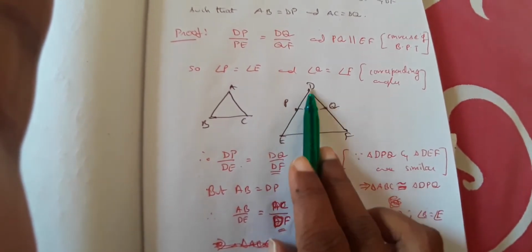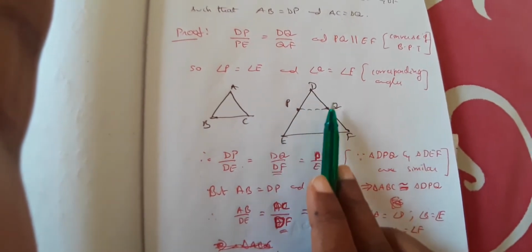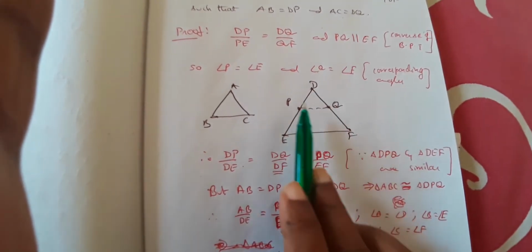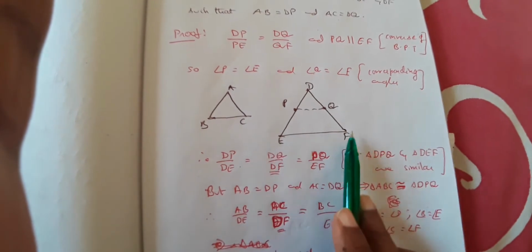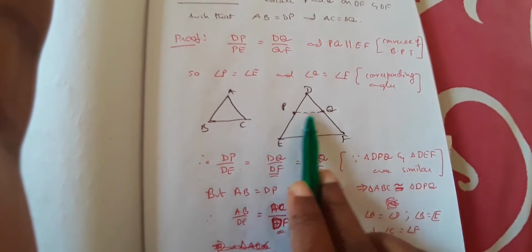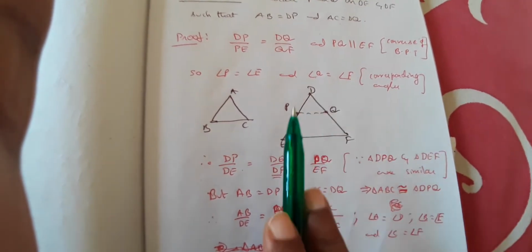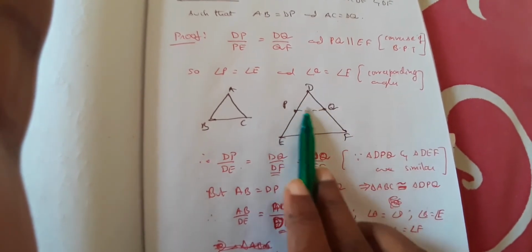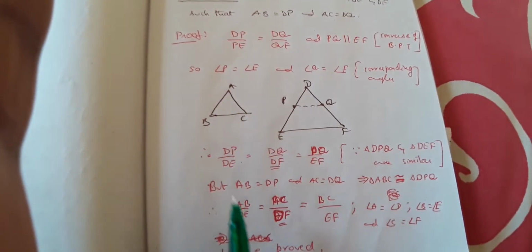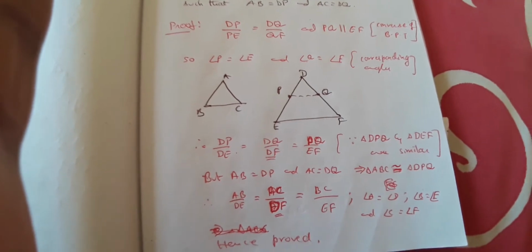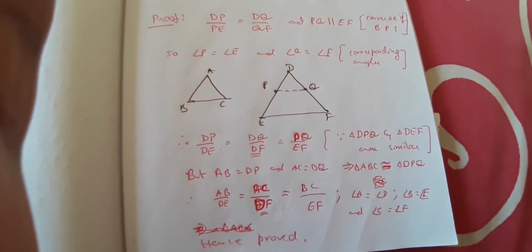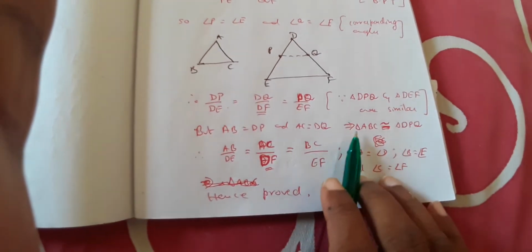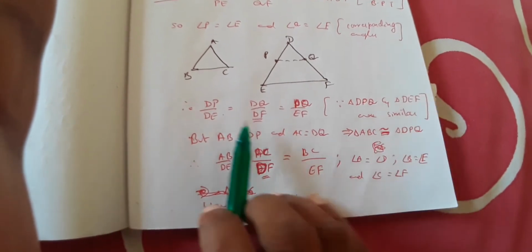So DP by DE is equal to DQ by DF, of course equal to PQ by EF, because these two are similar triangles. But already we know that this triangle and this triangle are congruent triangles because of side angle side, right? So therefore we have got the congruency principle here. Hence replace now.